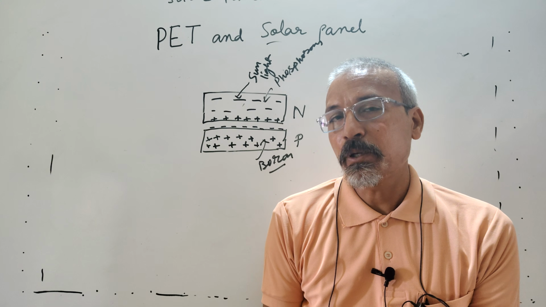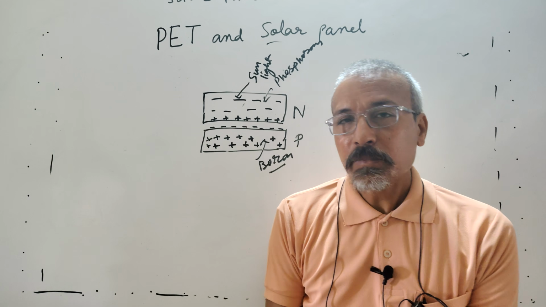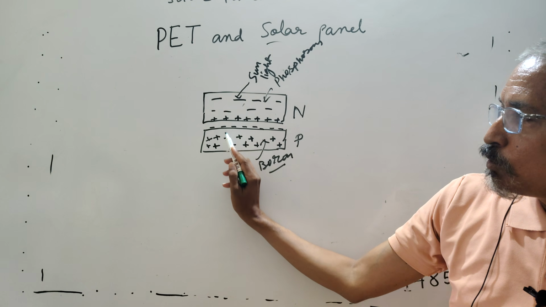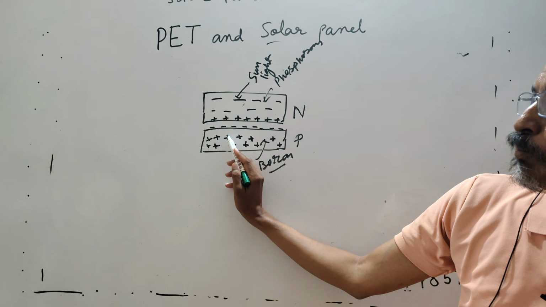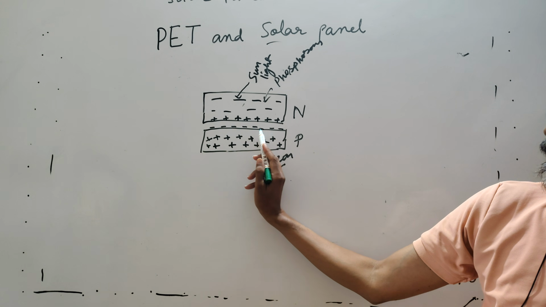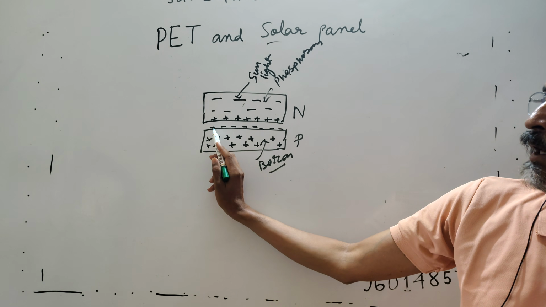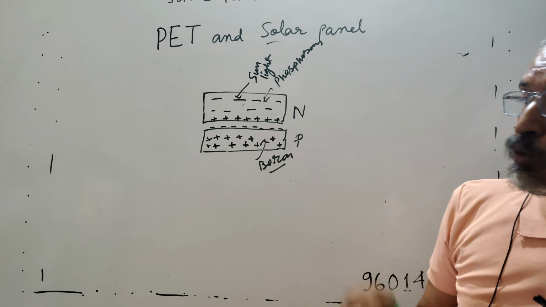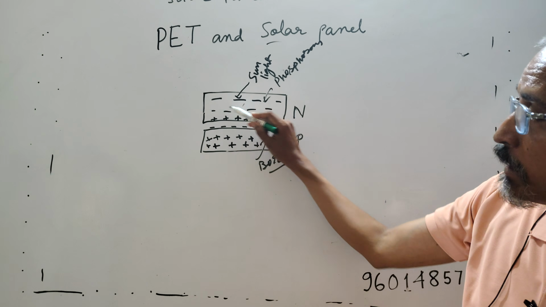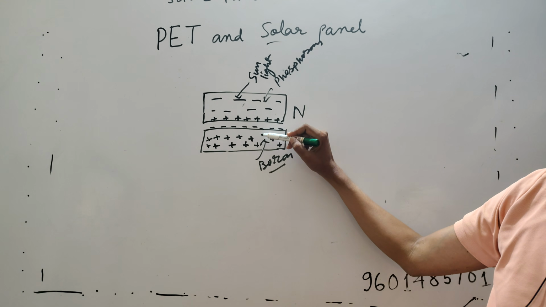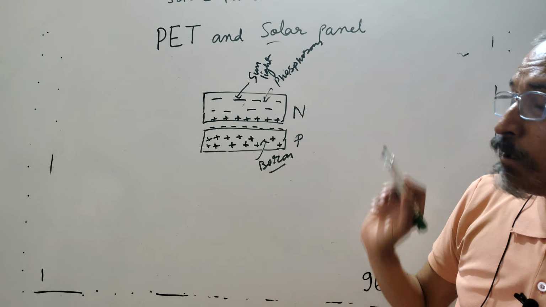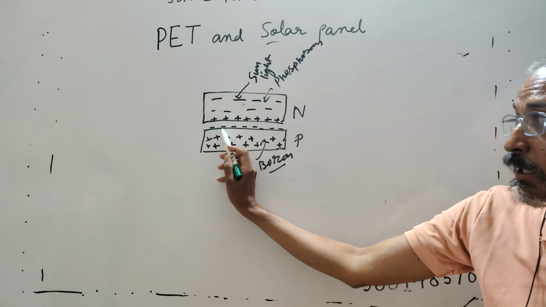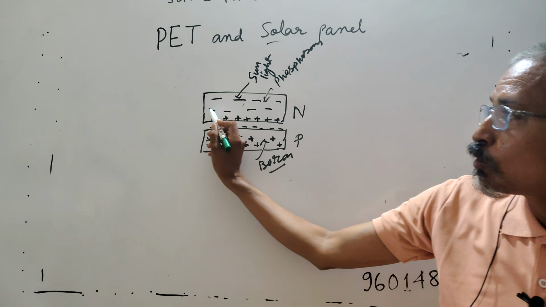However, actually it is the np barrier, but in physics it goes. So when these electrons try to come from the n type to p type, here is a higher negative charge. So this higher negative charge will repel those electrons. In this way, those energized electrons cannot come to the p side directly because there is a barrier at the border.